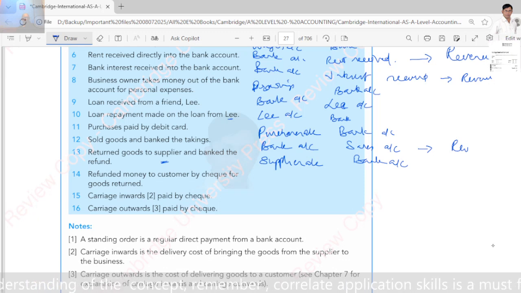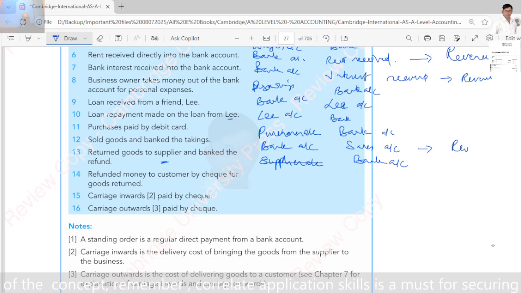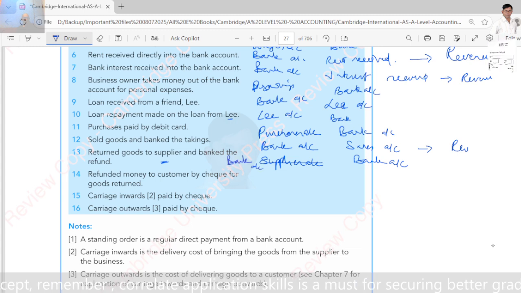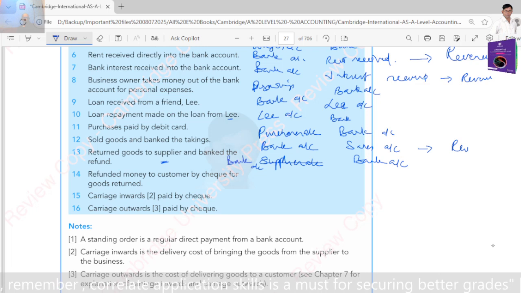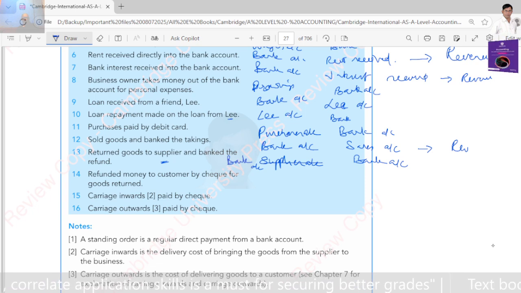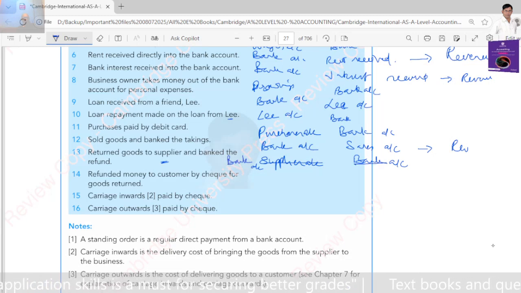So what we have to do? We have to receive. We are receiving, so bank account will be debited. And we are returning goods to supplier. We have returned goods to supplier, so it is called purchase returns.